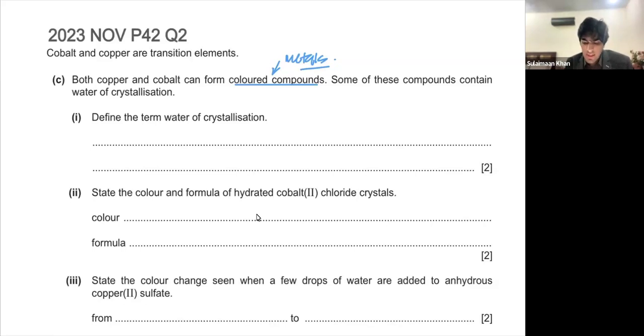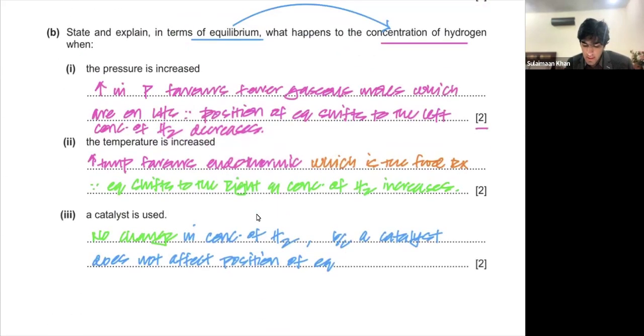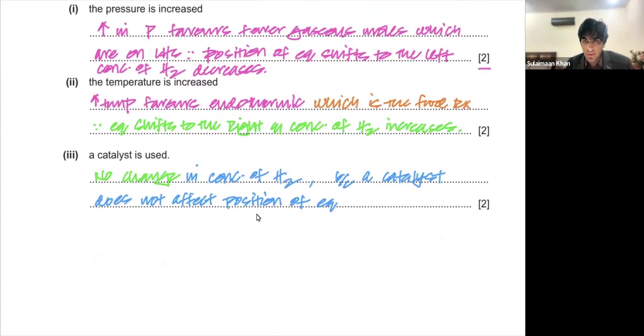Avinash Singh said a catalyst does not affect the position of equilibrium because it does not take part in the reaction. No, a catalyst does take part in the reaction. It just doesn't get used up. Number two, the reason why it does not affect the position of equilibrium is something you learn in A2.